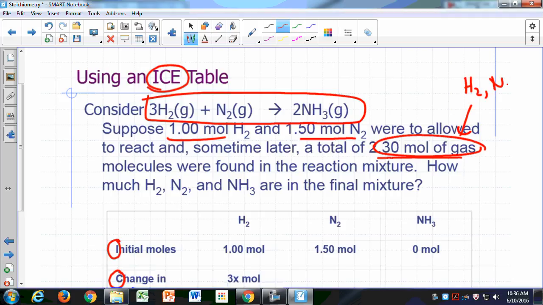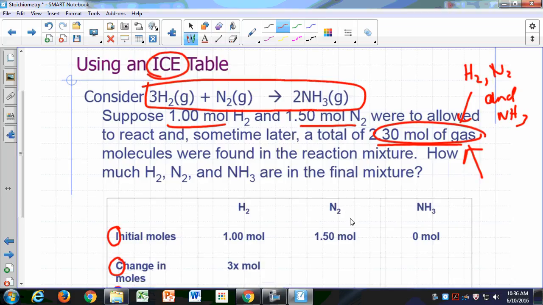So the question here is, how much H2, N2, and NH3 are in the final mixture? At the point where you got 2.3 moles of gas, how much of that is H2, how much is N2, and how much is NH3?